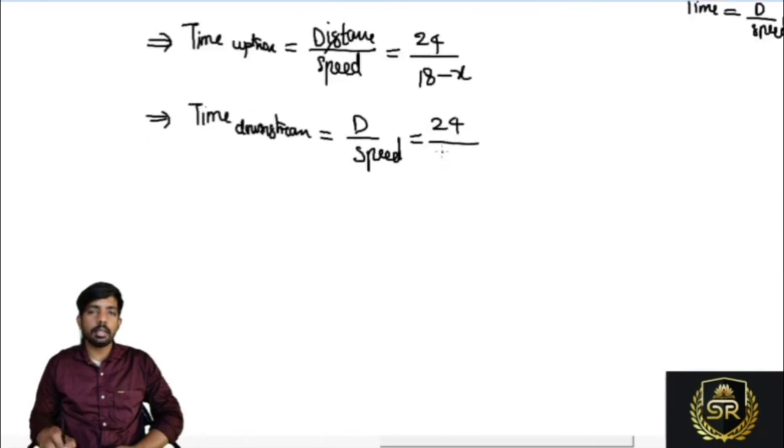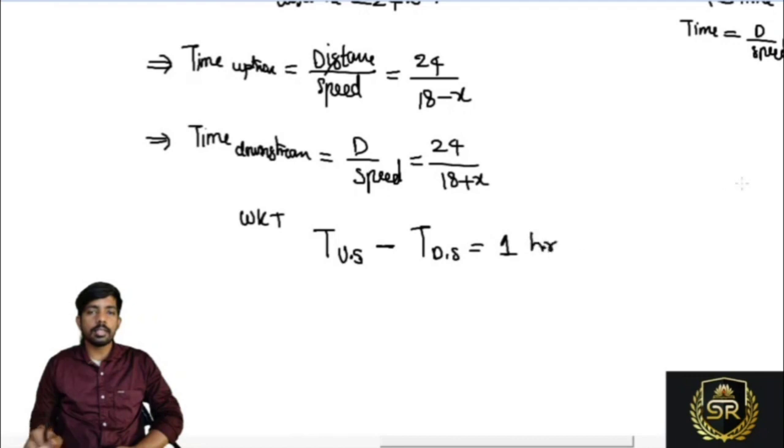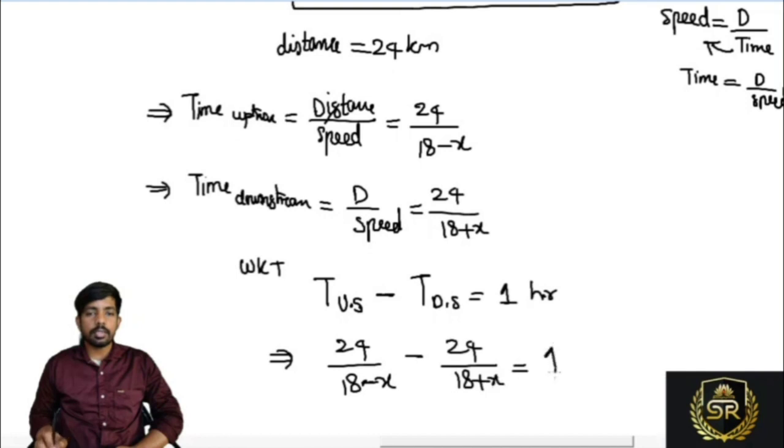From the given condition, time taken by the upstream minus time taken by the downstream is equal to 1 hour. So 24 by 18 minus x minus 24 by 18 plus x is equal to 1.